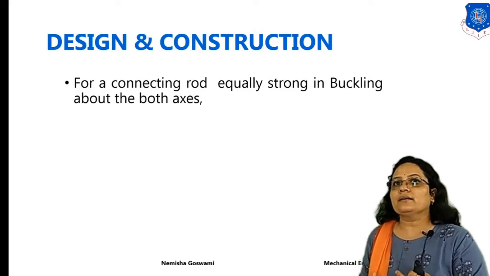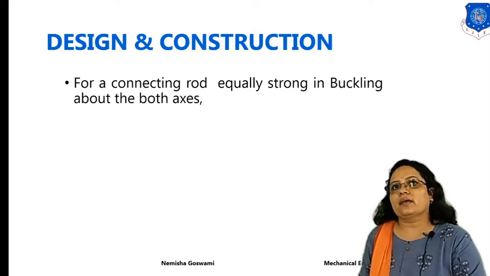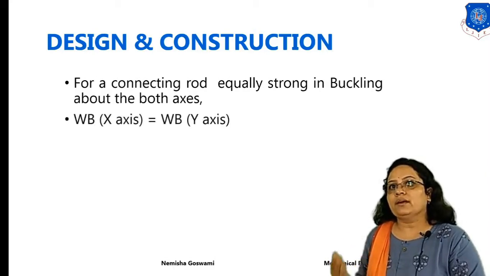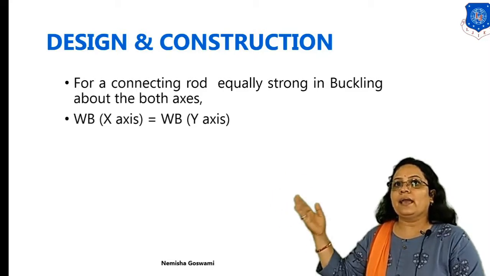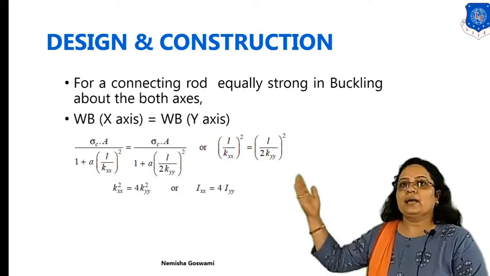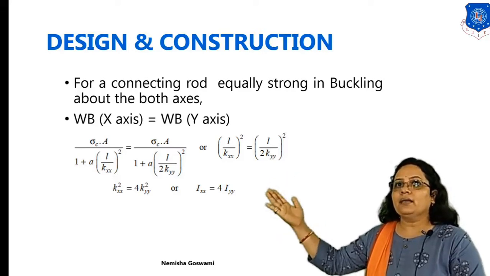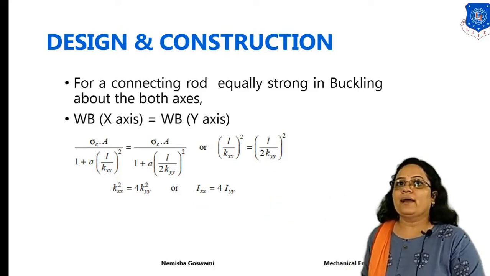So we design the connecting rod as a strut, and that's why we use the Rankine formula. The connecting rod should be equally strong in buckling, so the buckling load about the x-axis should be equal to the buckling load about the y-axis. That we covered in the last lecture. So we equate the buckling load about the x-axis to the buckling load about the y-axis.